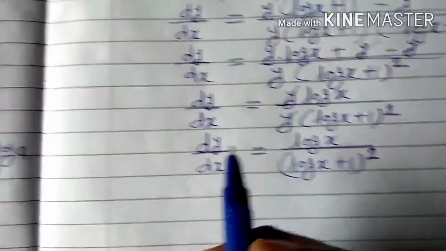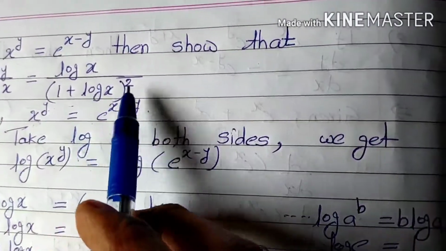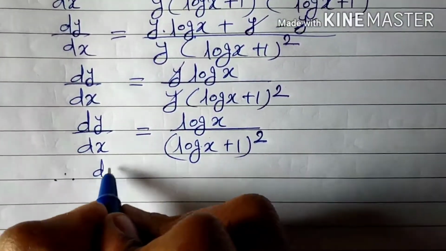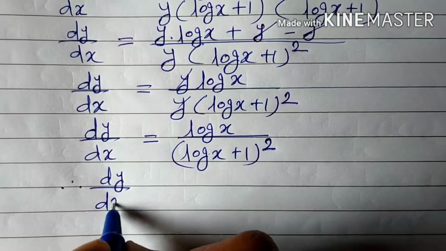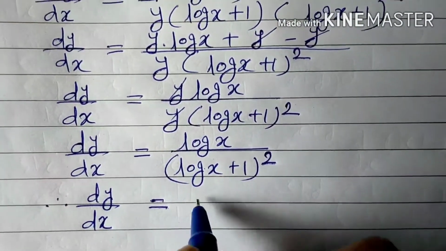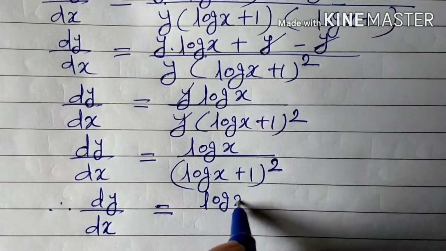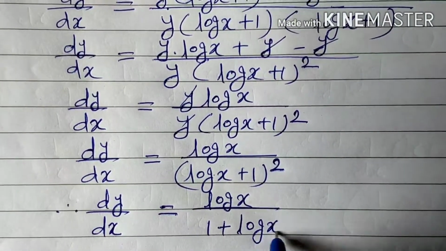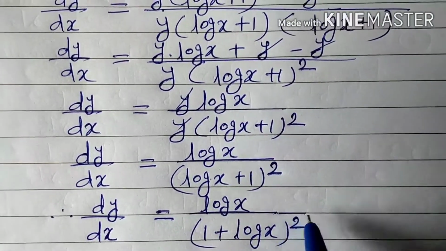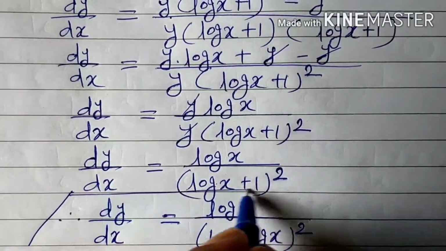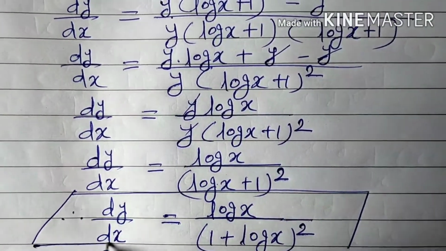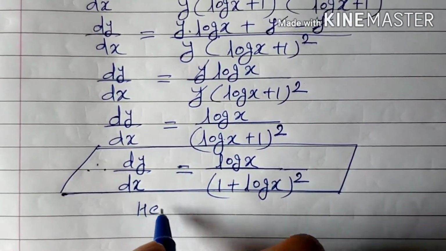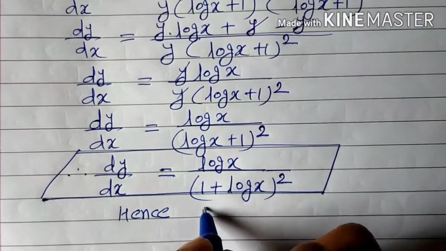But we want 1 plus log x whole square, so therefore dy by dx is equal to log x upon 1 plus log x whole square. Make it bracket. Hence we have to prove, so hence proved.